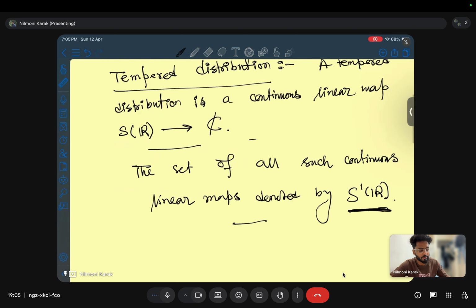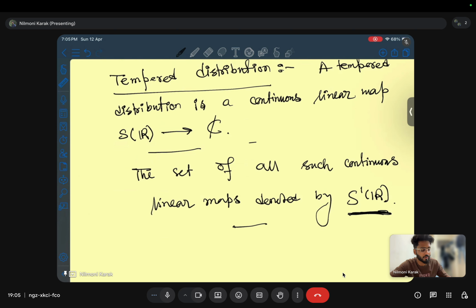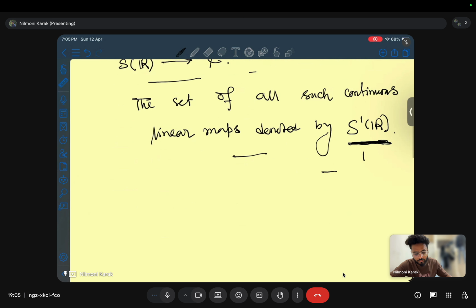So the set of all tempered distributions is called S'(R), the space of tempered distributions.